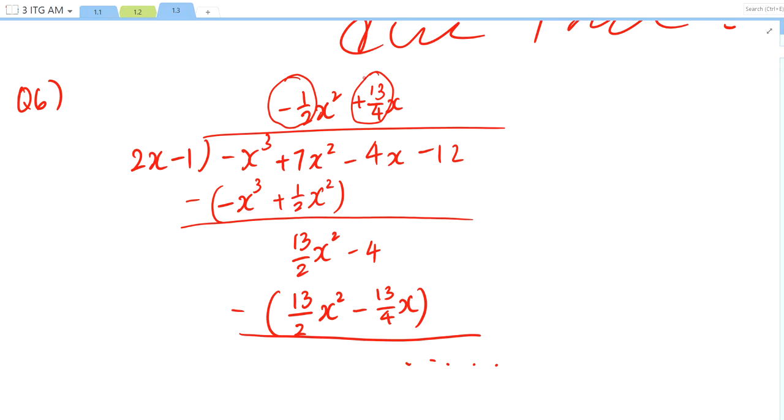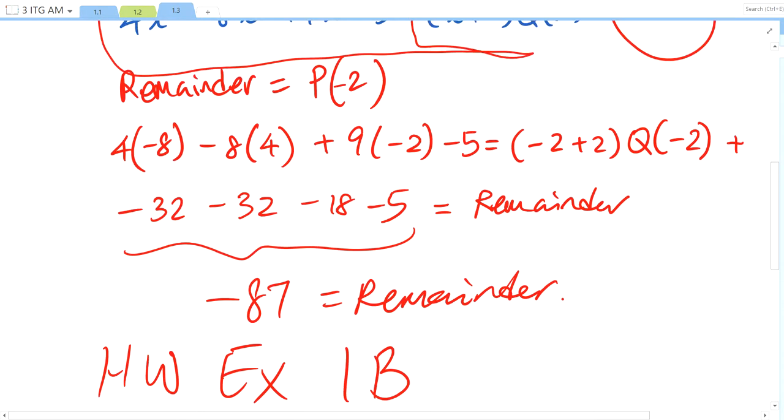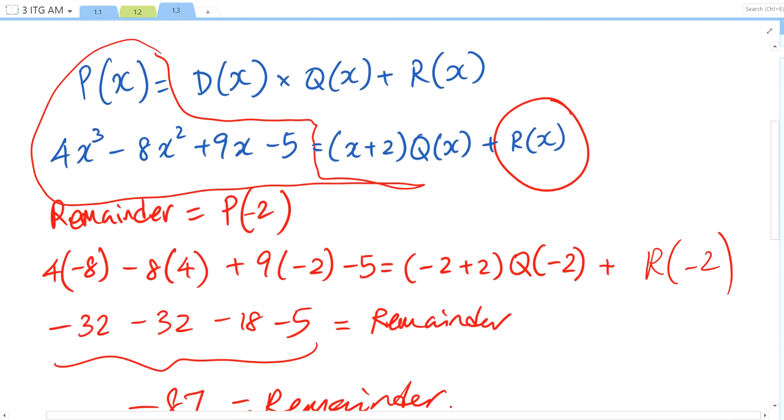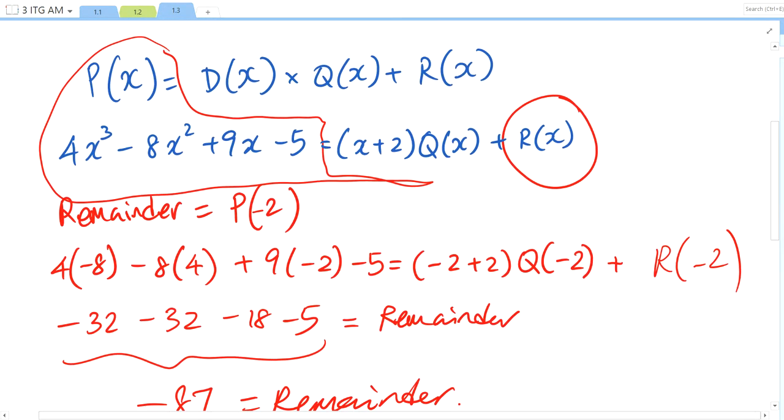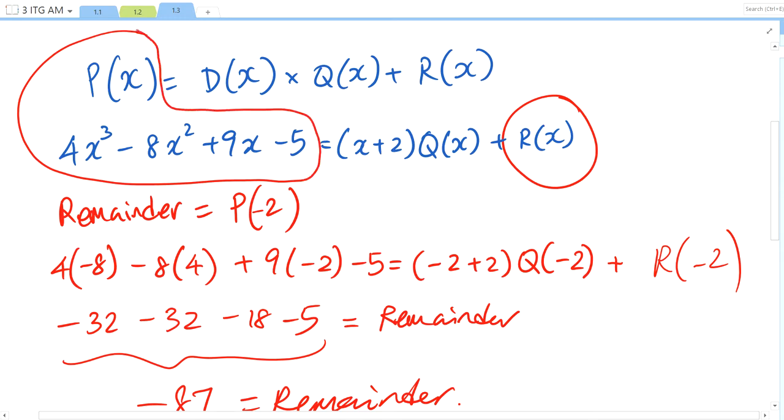Then yesterday we started on remainder theorem. I didn't formally introduce it to you yet, but let's see what we obtain. So this was what we had. This is my polynomial, my dividend. It's equal to the divisor.